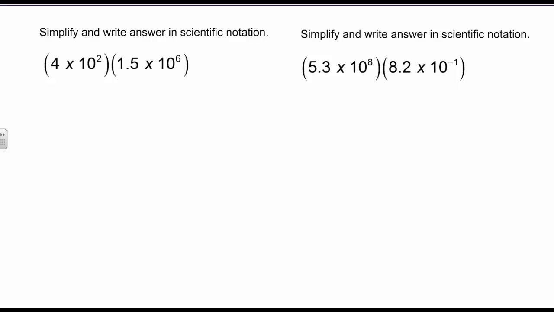We're going to combine the numbers in scientific notation, and the way to do that is to take a look at each of the 2 numbers in 2 parts: their real number part and their scientific notation part, or their exponential part. So I'm going to multiply 4 times 1.5, see what kind of answer I get out of that, and then write that.